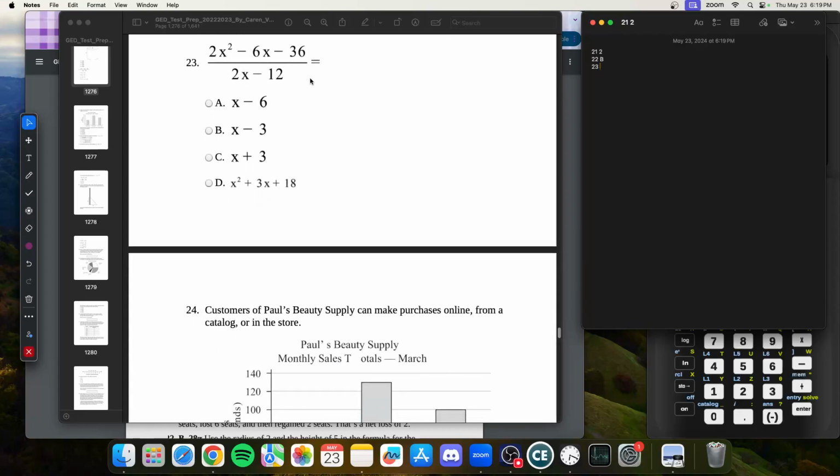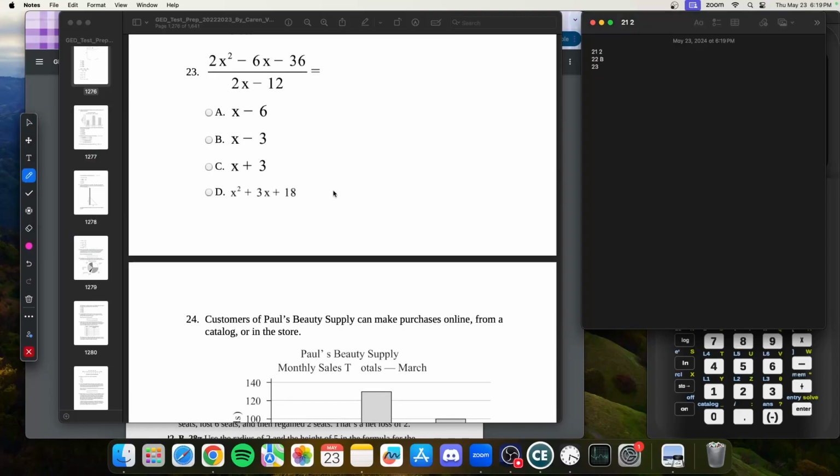They want us to simplify this? Okay. So again, you need to be able to factor stuff. The first thing that you can do is factor out a 2 on both the top and the bottom. Twos will cancel.